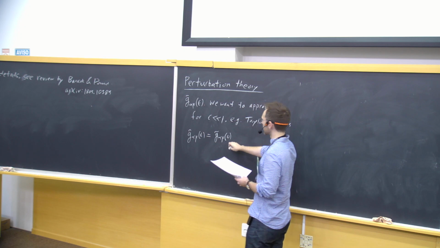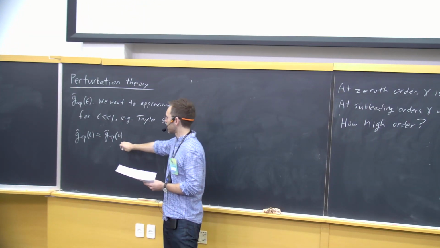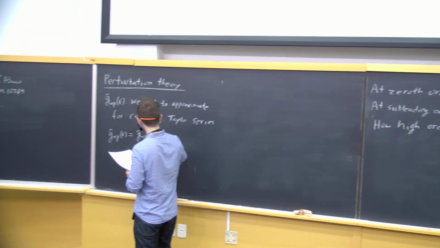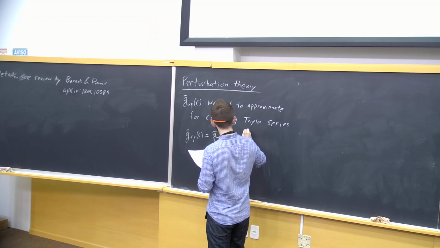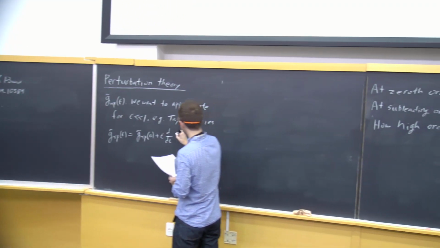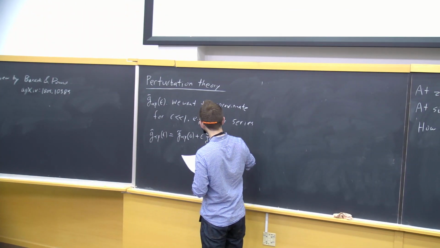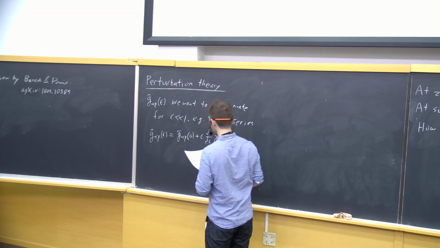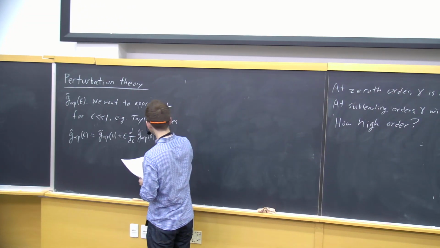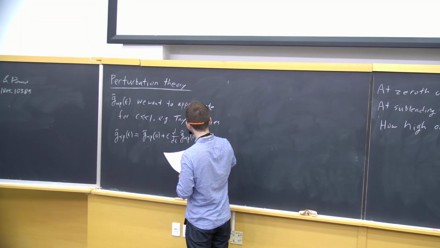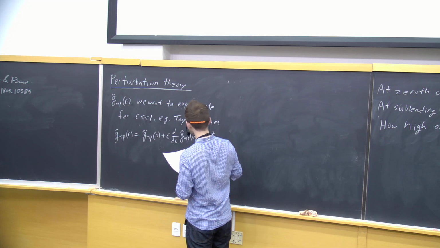The leading order piece is just the exact metric evaluated at epsilon equals 0. Then we have epsilon times the derivative of the metric with respect to epsilon, all evaluated at epsilon equals 0 again, and so forth to higher orders.